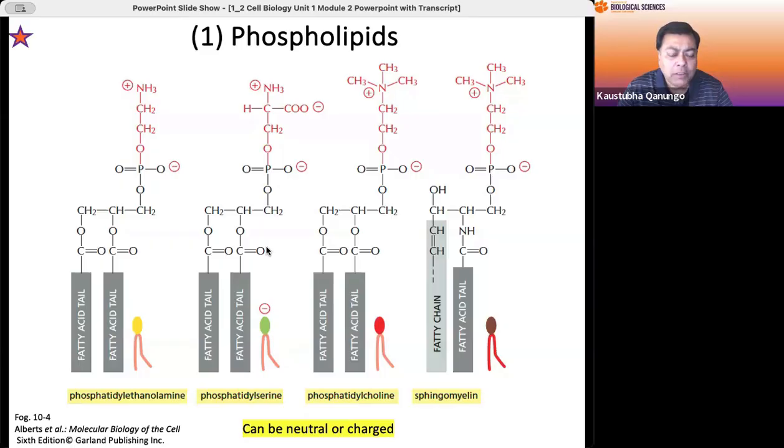The next one is phosphatidylserine, where you have again the glycerol and the phosphate, but right here you have an NH3+, then a CH, COO minus, CH2O, and the PO4 will always have a minus head group. So you have one extra CO. In a non-ionic form this would be NH2, CH, COOH, CH2OH.